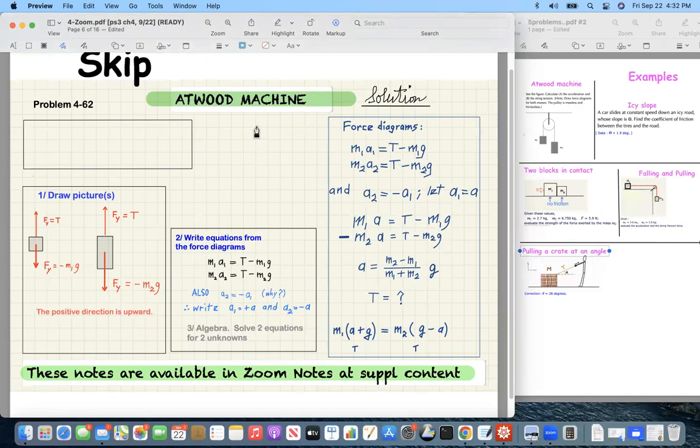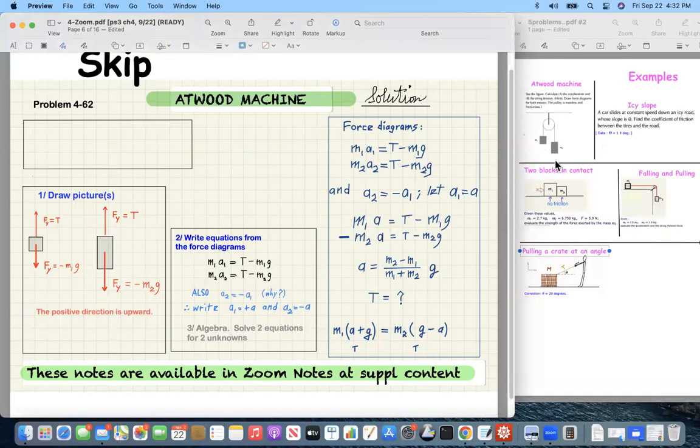It's in the assignment. I'm going to skip that. Here are all the hints that you need, and these notes are available in the supplemental content. So if you want to look at this more carefully, look up the Zoom notes in the supplemental content, and these hints will be in the notes.